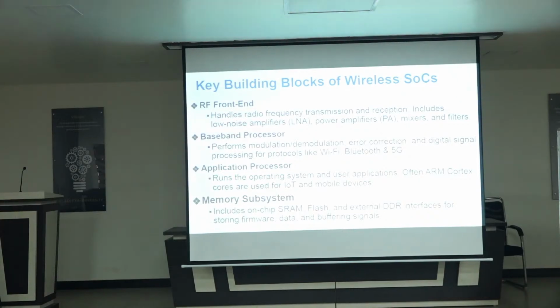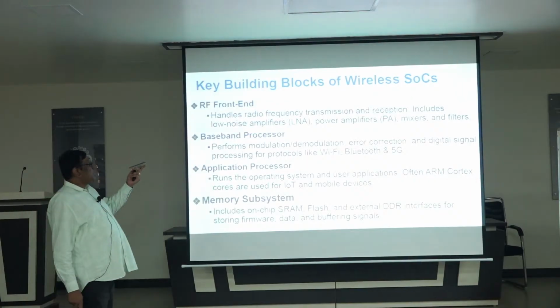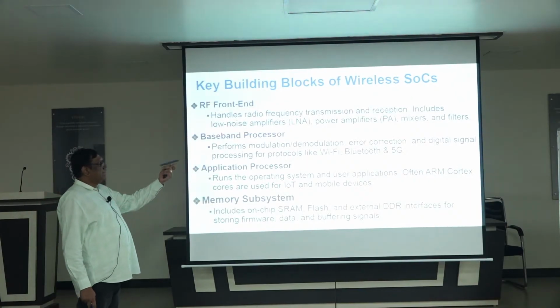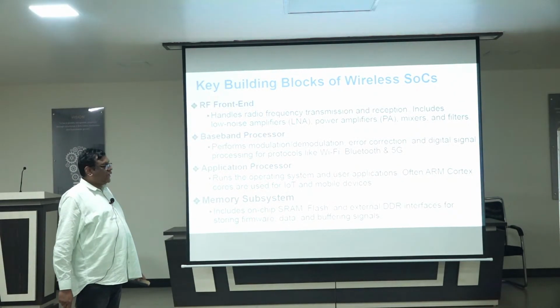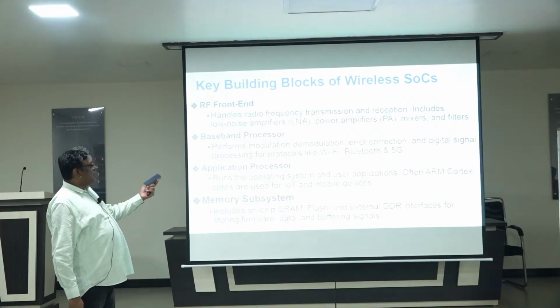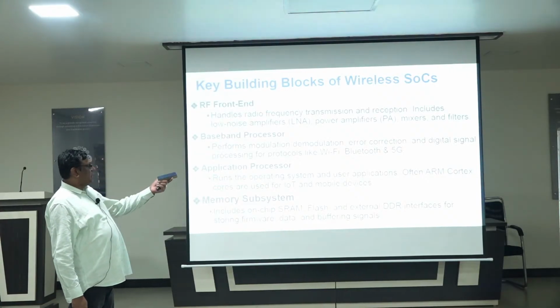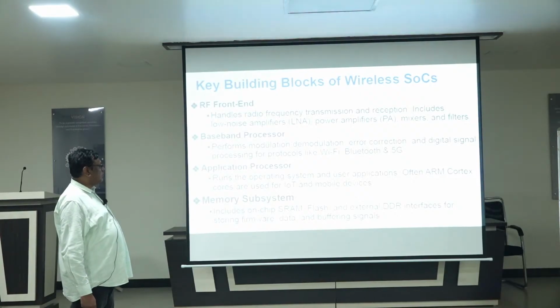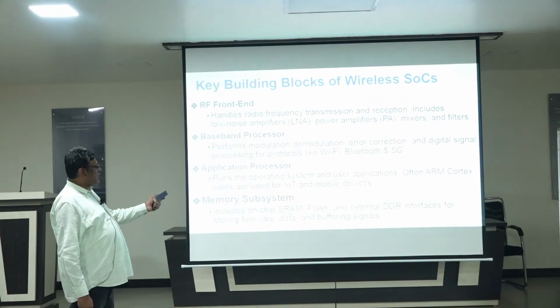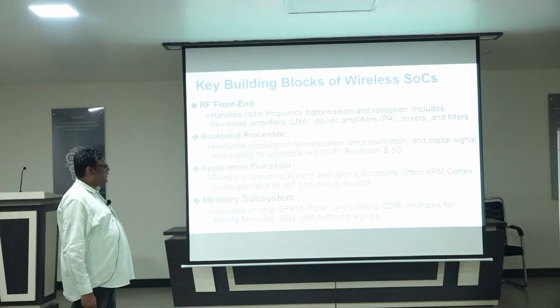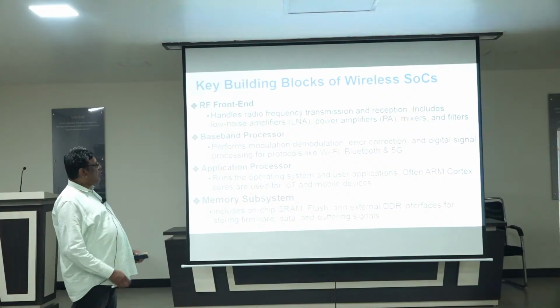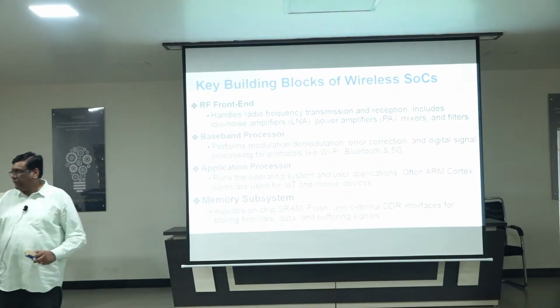I don't think there is a need to explain all of these things. Baseband processors deal with Wi-Fi, Bluetooth and 5G. For the application processor, generally an ARM Cortex will be used. Memory subsystems will be SRAMs or DDR RAMs. So you will have all these components in the front end.